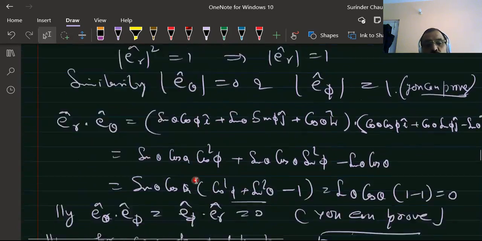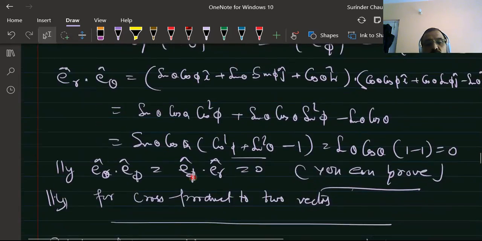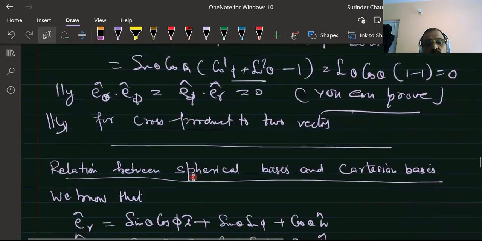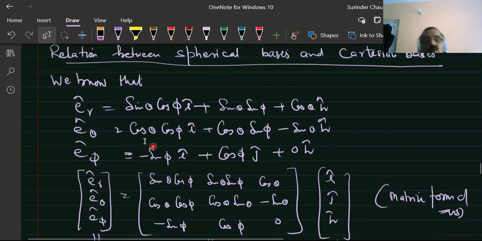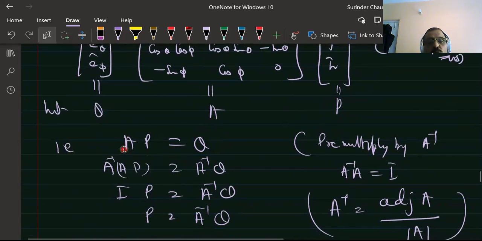From these equations we write the matrix form. This is the P matrix and this is Q, so the structure becomes A times P is equal to Q.